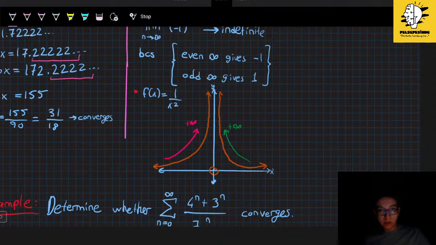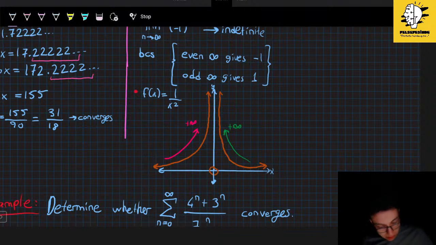At 0 we do not have any value because x equals 0 is a vertical asymptote. I approach from the left. It will never become 0. It will go on forever, and it will approach infinity because it is impossible to reach the value of x equal to 0.